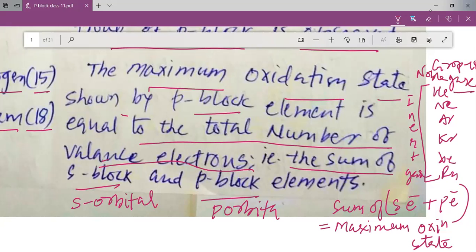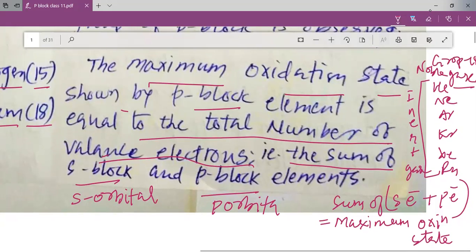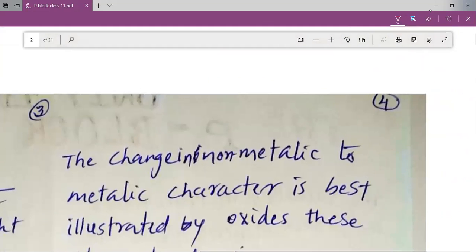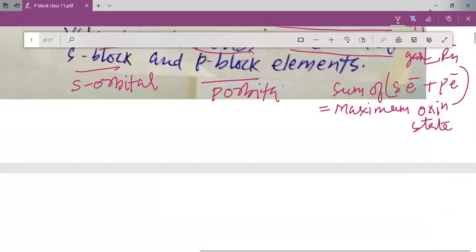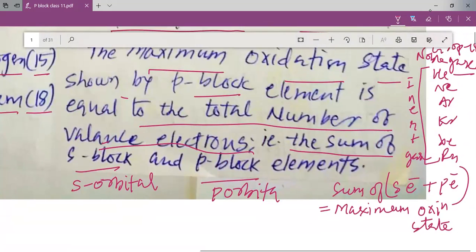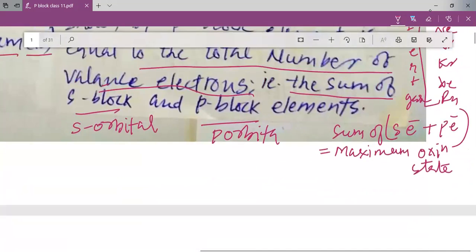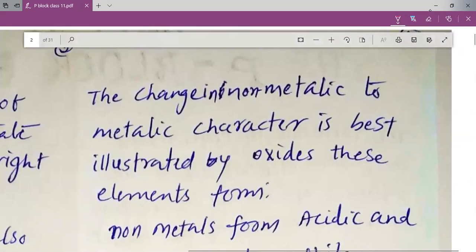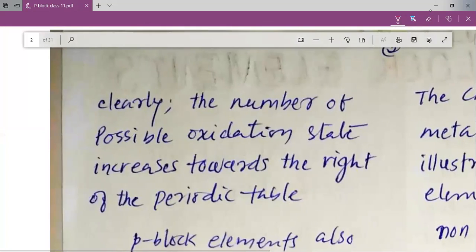They do not generally show variable oxidation state, and their valency is considered to be 0 because they are inert gases and they do not form many compounds. Some of the elements like xenon and krypton show some reactivity and produce some compounds, but they are also very small in number.